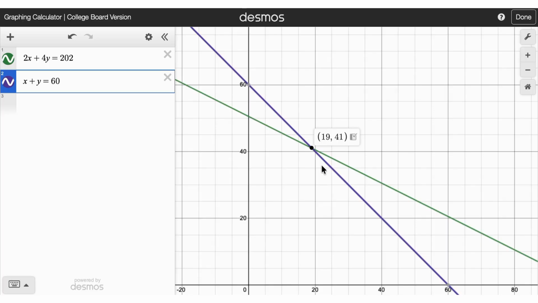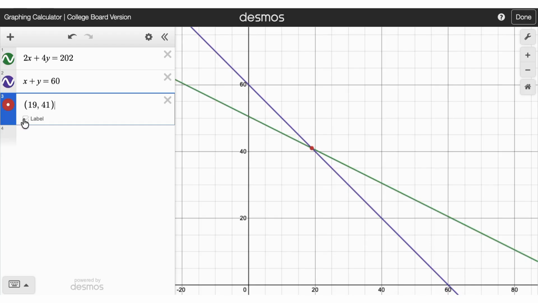The point of intersection is the solution. Here the x value is 19, and the y value is 41. Sorry about that, I said it was 60 earlier. We calculated 41 earlier. So that's how you solve this question.